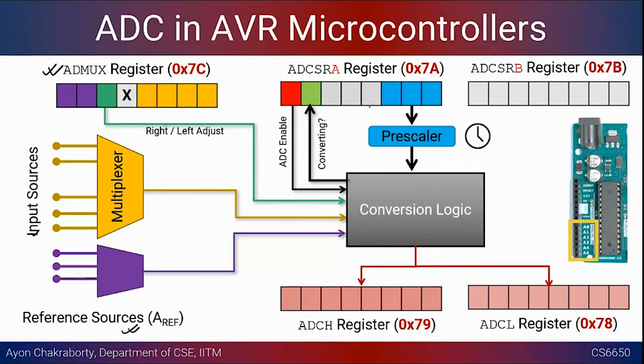Then we were loading the prescaler in the SRA register. After that, we were enabling and then starting the conversion. If we start the conversion, it will keep working for 13 clock pulses for the ADC, and once the conversion has completed, this particular flag will be cleared, and then we can declare the result is done, and the result will be written in these two registers. So this is clear, right?